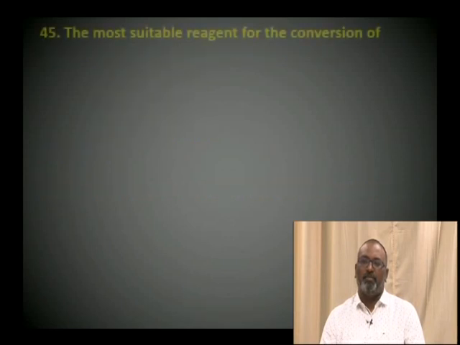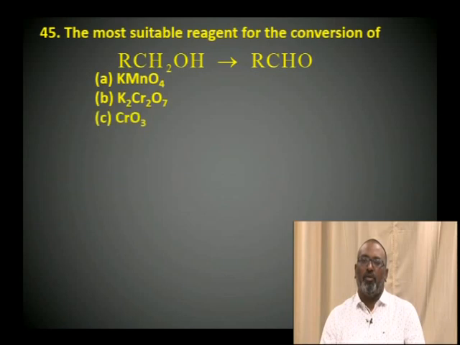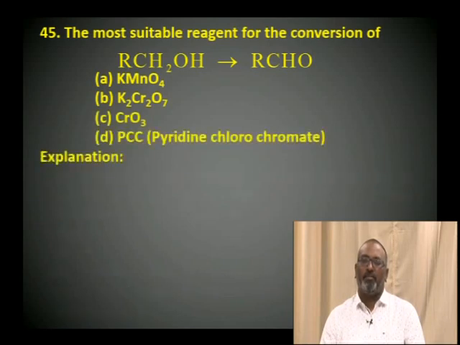Question number 45. The most suitable reagent for the conversion of alcohol to aldehyde is potassium permanganate, potassium dichromate, chromium oxide, or pyridinium chlorochromate.